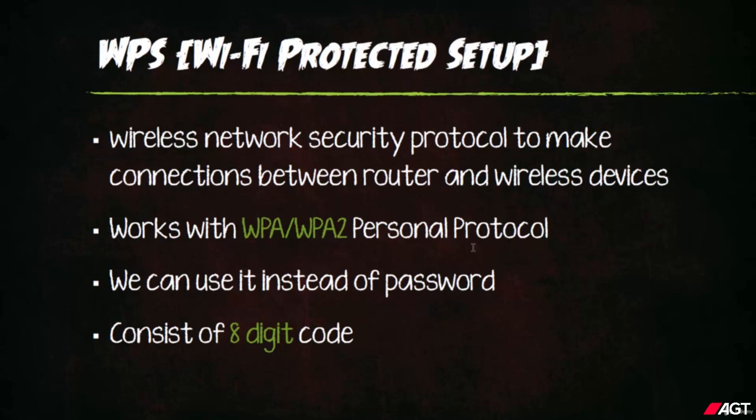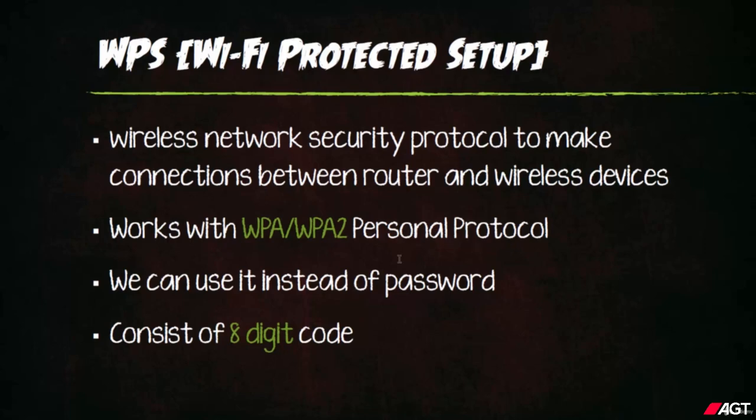So we can use WPS instead of a password. Suppose you don't want to share your password with someone and you want them to connect to your network, so you can give them an 8-digit code, which is the WPS code, and they can connect directly with your access point through this code.